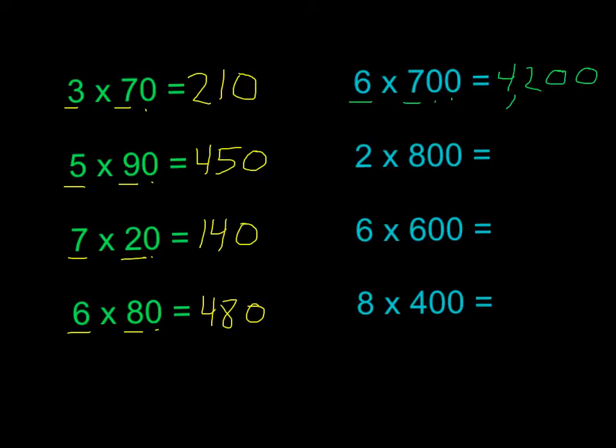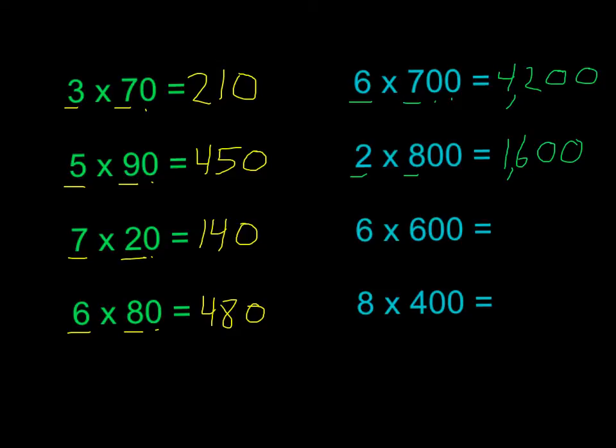So now we're going to go on. If you notice here, 6 times 700 is 4,200. If we were going to rename that as hundreds, it would be 42 hundreds. Our next one here is 2 times 800. Well, 2 times 8 is going to be 16. And then we add over our 2 zeros, and we get our answer, which is 1,600, or 16 hundreds.